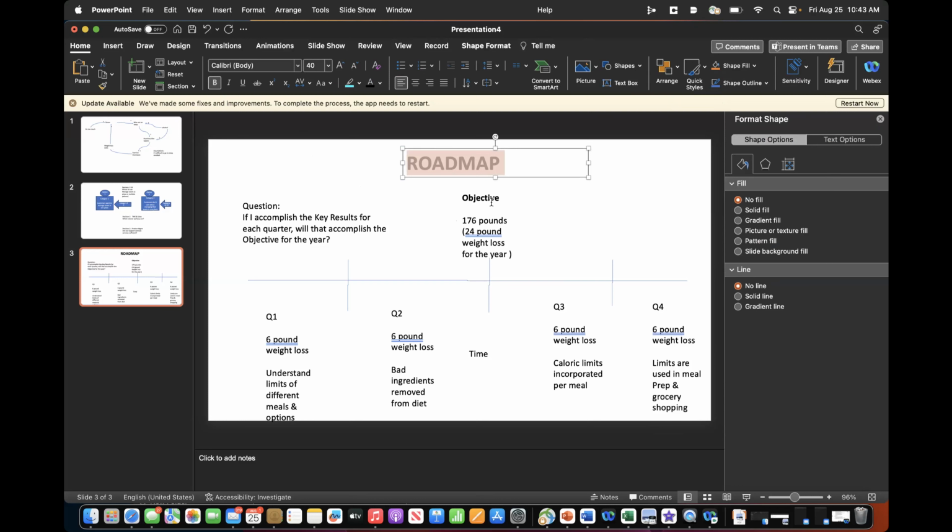It's nuts. And the beautiful part of this is that when I create this thing, I've automatically built in a management system. And what do I mean by that? Well, these are results that I should have. So by the end of Q1, I should be able to look and see that I achieved these things.